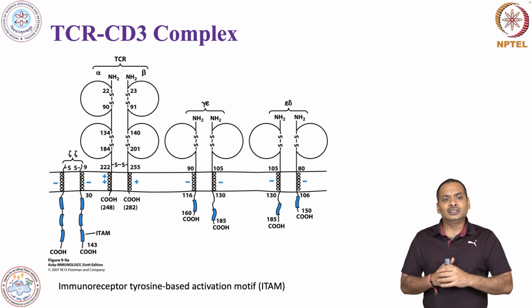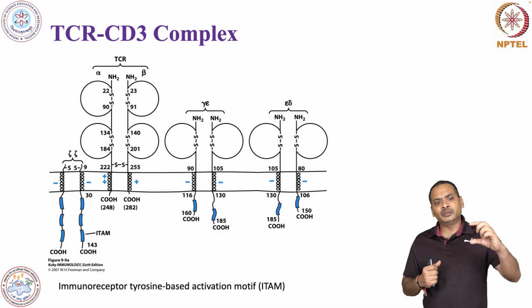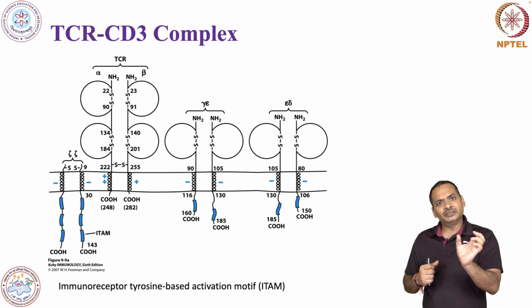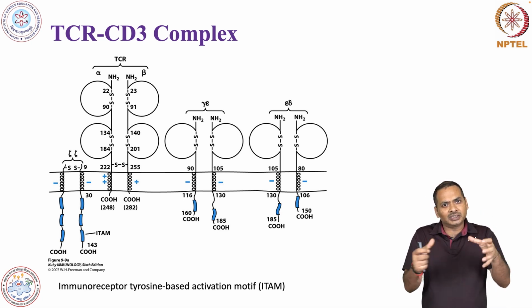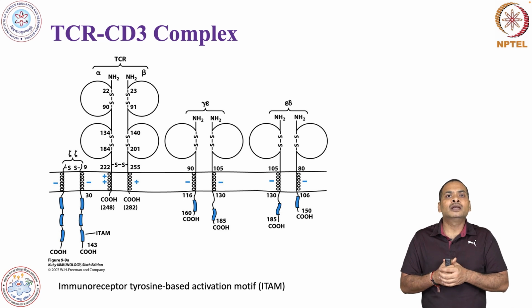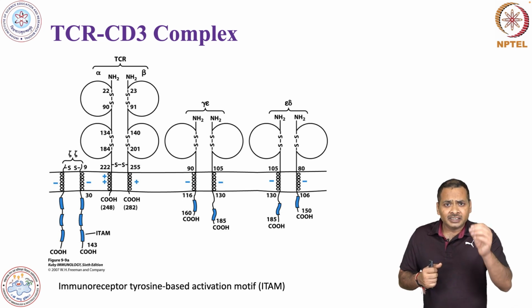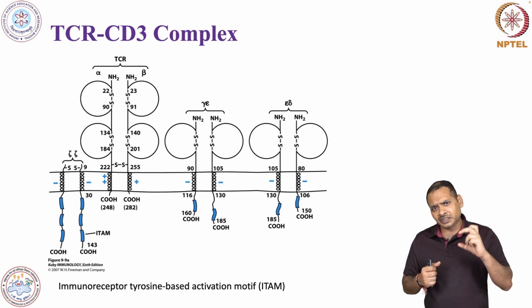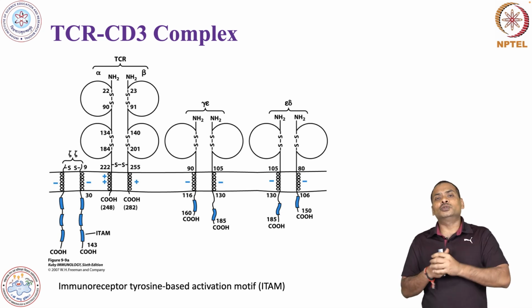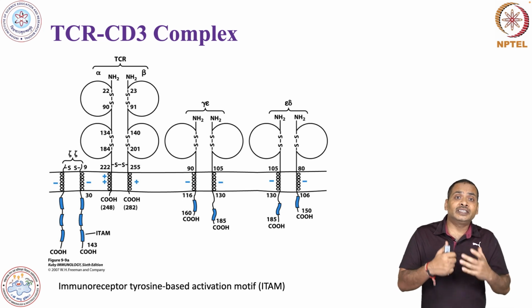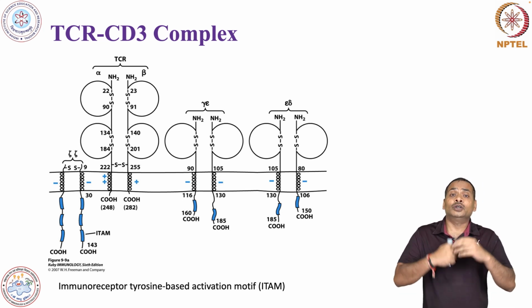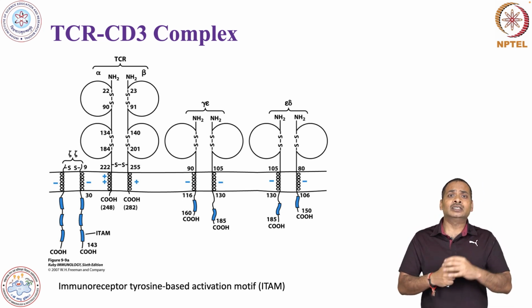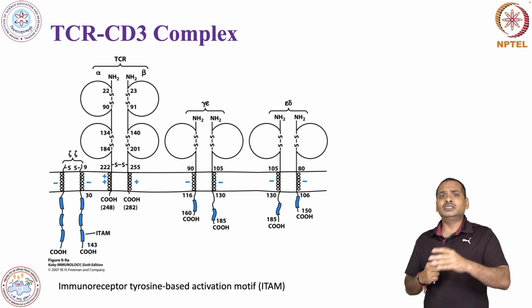One is zeta. Zeta has a transmembrane domain with a predominantly negative charge, and the TCR is positively charged, so they are present in close association. The TCR doesn't have a long cytoplasmic tail, therefore it cannot activate downstream signaling. In order to activate the downstream signaling, it has to associate with the CD3 molecule.